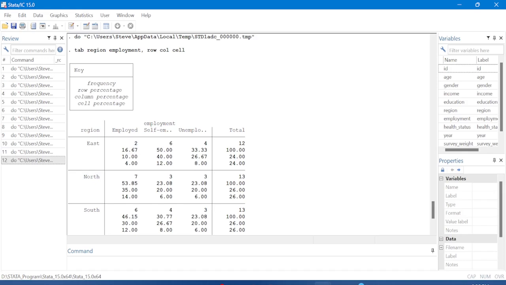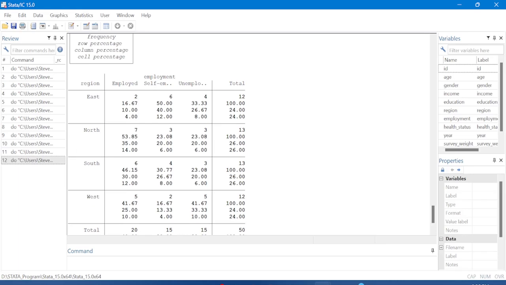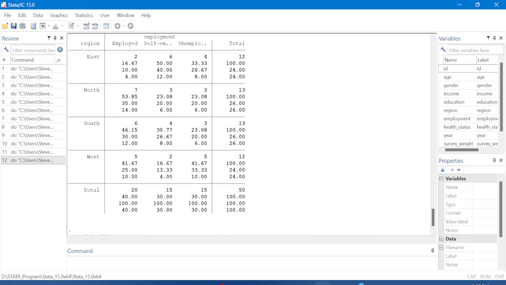And the column percentage is calculated by taking 2 over the total, which is 20, times 100. 2 over 20 times 100, we get 10%.